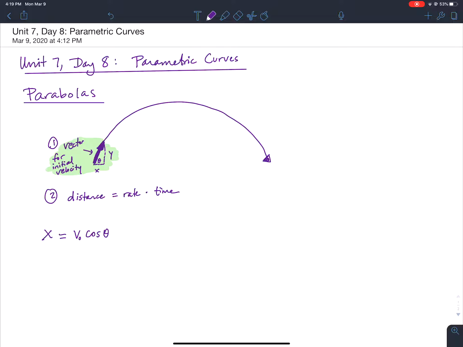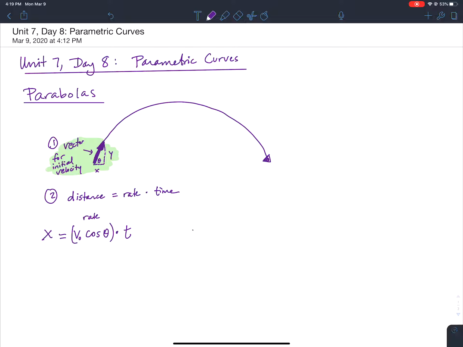So I'm going to go back up there and put a little theta. So that is the x component of our vector. So initial velocity times the cosine of the angle, that's the x component of the vector, so that's our rate, and then times time. So our distance that we're going horizontally is our rate times time.